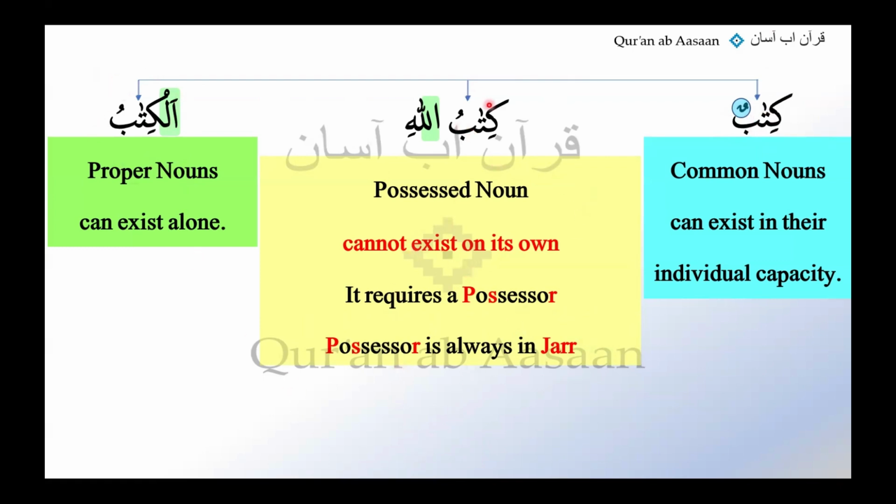When we translate the murakkab idafi here, comprising a possessed noun with no al and no tanween followed by a noun in jar, the possession is shown by 'of'. Good. And we did it another way: Kitabullahi, the book of Allah or Allah's book. So the possession is shown by 'of' or by 's.